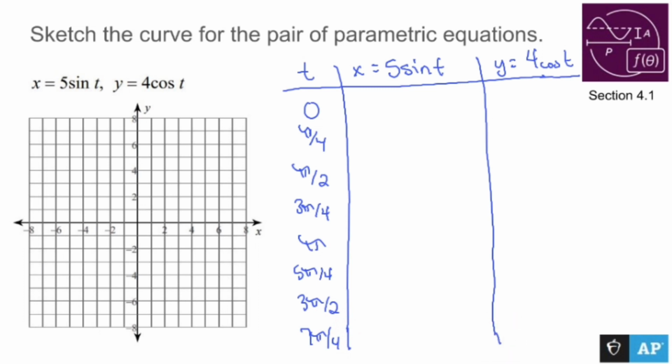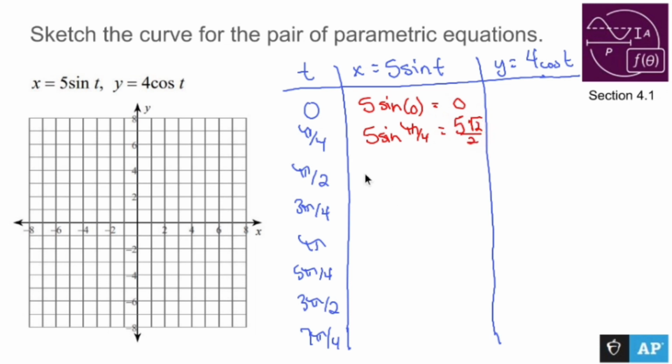All right. Let's math. 5 sine 0 is the same as 5 times 0, which is 0. 5 sine pi over 4 is the same as 5. So sine pi over 4 is root 2 over 2. So 5 root 2 over 2.